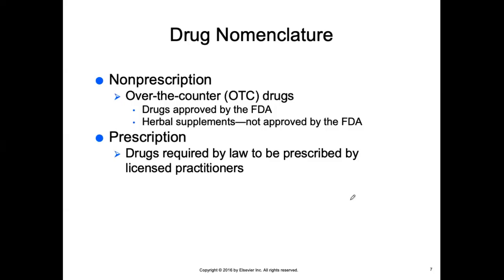Prescription drugs are required by law to be prescribed by licensed practitioners, such as a doctor or an osteopath. Because all drugs are potentially poisonous, understanding the nomenclature is critical. It's also practical because it specifically identifies the correct drug for the correct use.